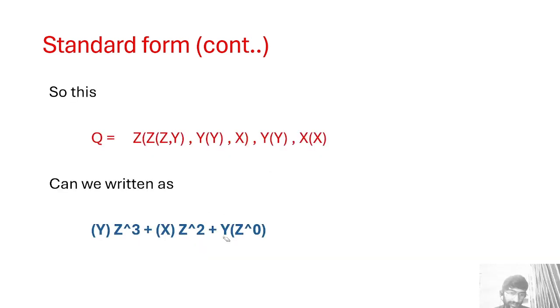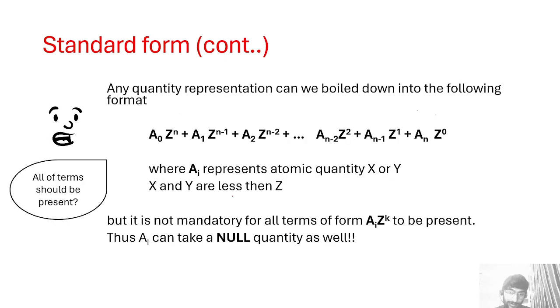But in this case, that didn't happen. Not all powers of z were present. And for that matter, Frank, that was an interesting question, because it is not mandatory for all terms of the form a_i z^k to be present, right? So it is not mandatory for all terms to be present.